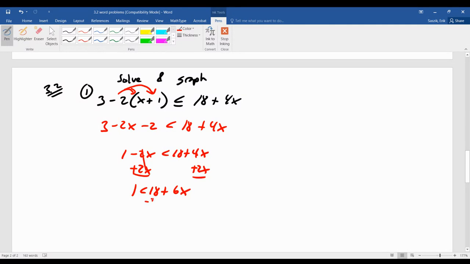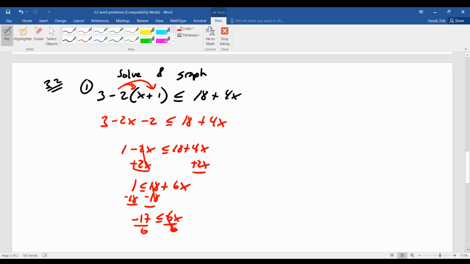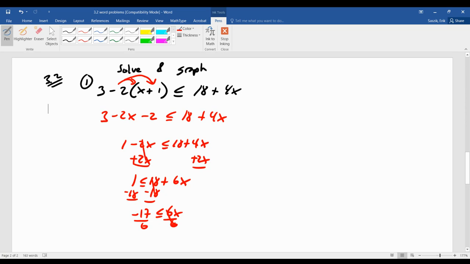And we're going to subtract 18. So we get -17. This is or equal to. Sorry about that. And when I divide by 6, I end up getting a fraction, right? I get -17 over 6 is less than or equal to x.